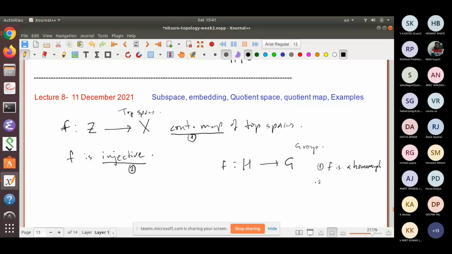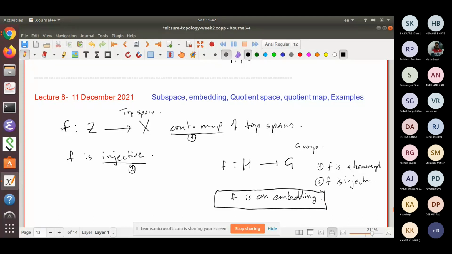And suppose the second property is F is injective. Then at that point of time, you'll say, yeah, that makes H a subgroup of G. Then you say that F is an embedding. F is an embedding of H into G.